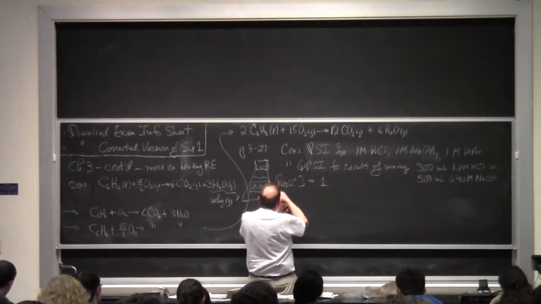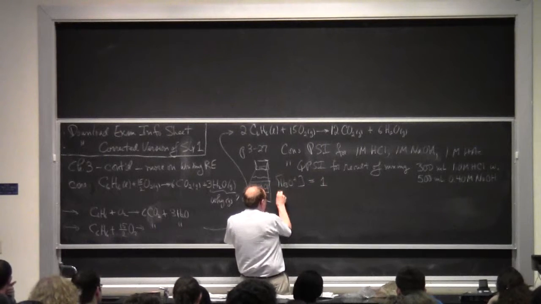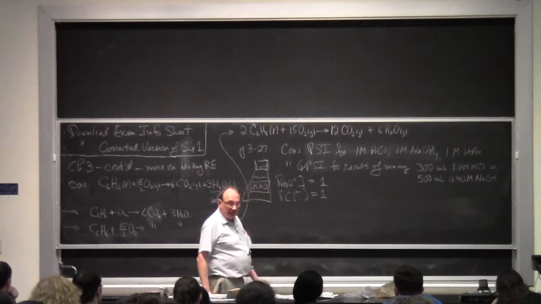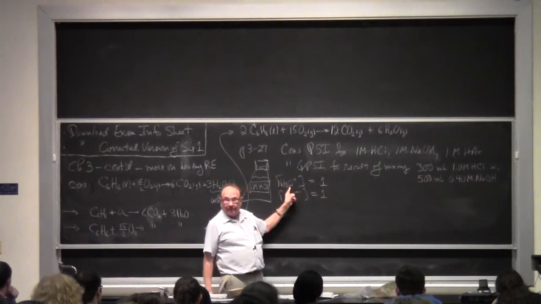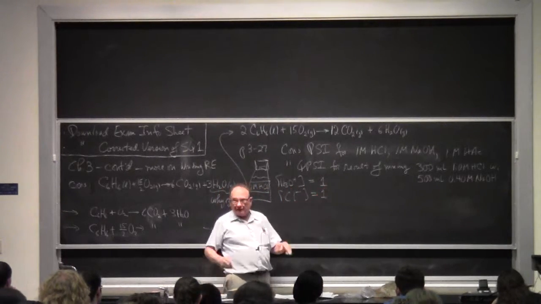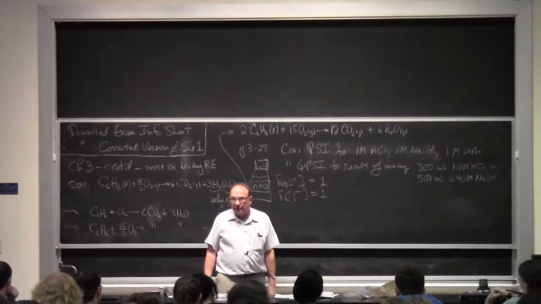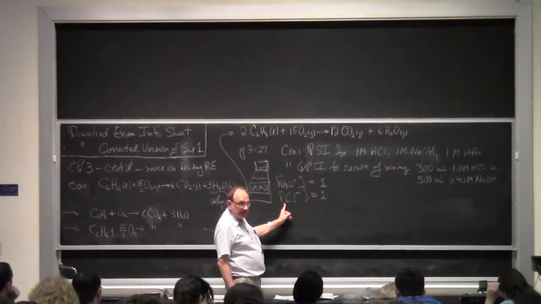So for this solution, I'll write this, and for the HCl solution, I'll write this. And I don't have to put an M over here. This says it. Now, if you put an M over there, it's superfluous. It's not necessary. It's not evil, but you don't need to do it, because the brackets say molar concentration.